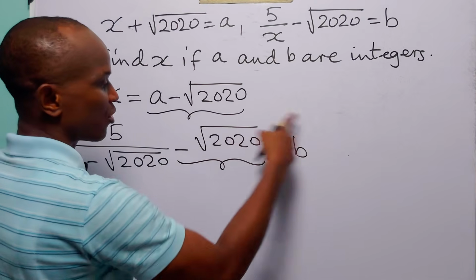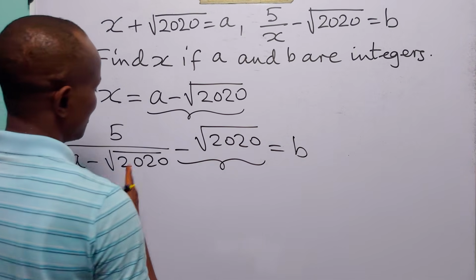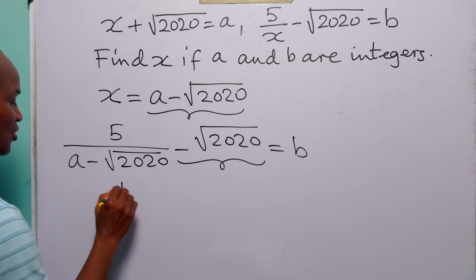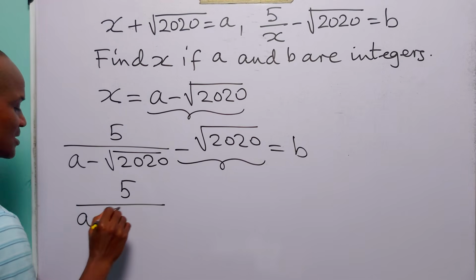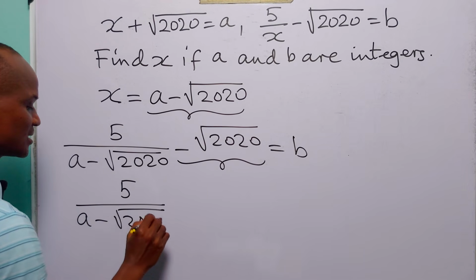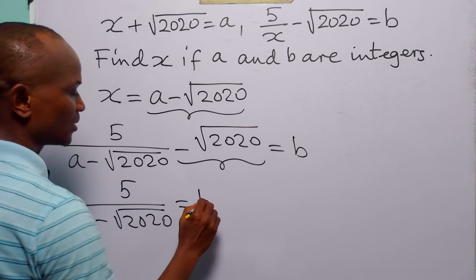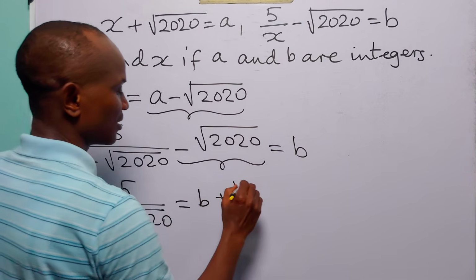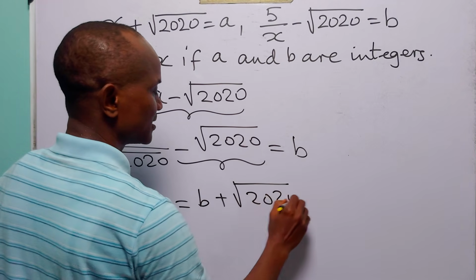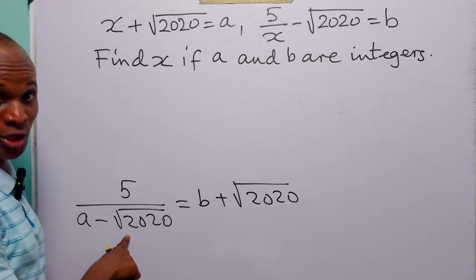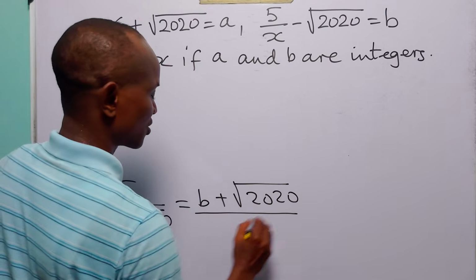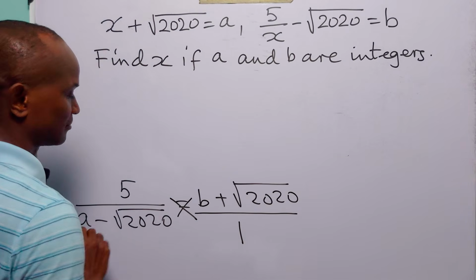Let us move this over to the right hand side. When we do that, this equation becomes 5 over a minus root 2020 is equal to b plus root 2020. Now, to get rid of this fraction on the left hand side, let us cross multiply.